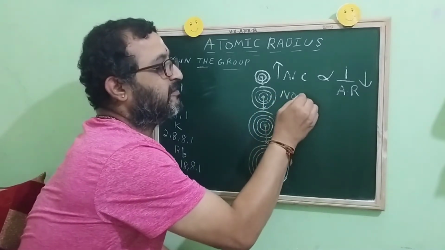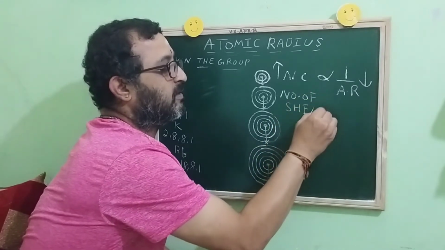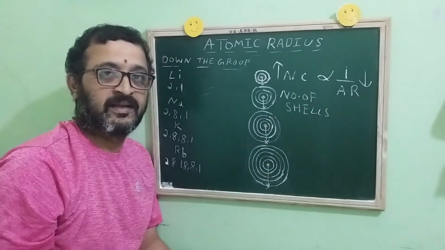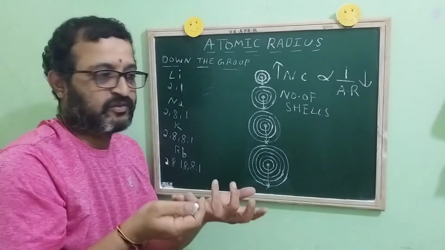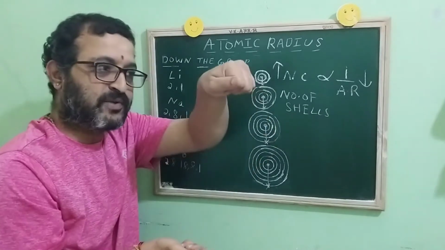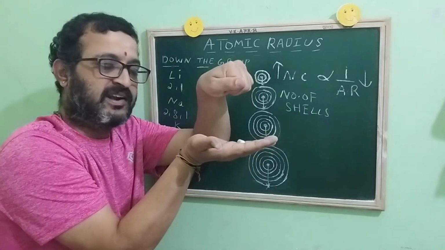The next factor is number of shells. As the number of shells increases, right? So children, as you already know, if I hold like this, it is the nucleus and this is the outermost shell containing electrons.